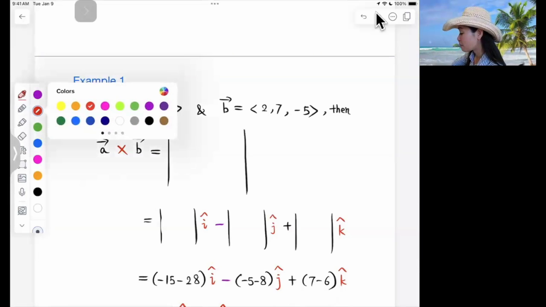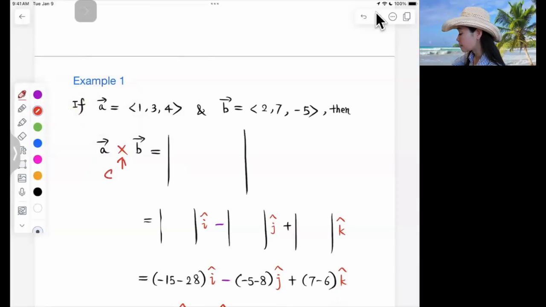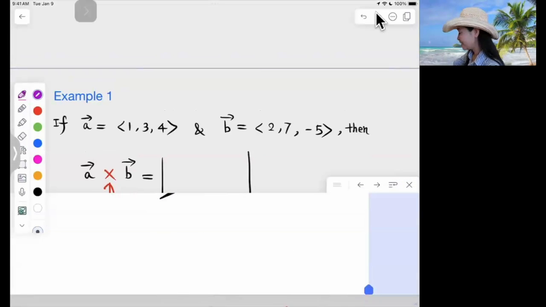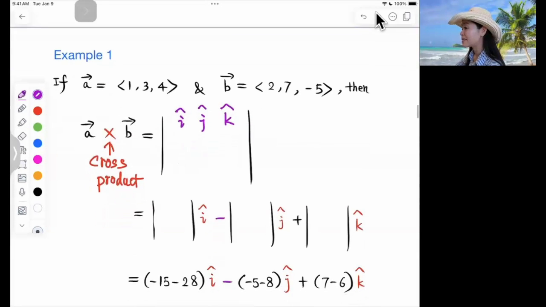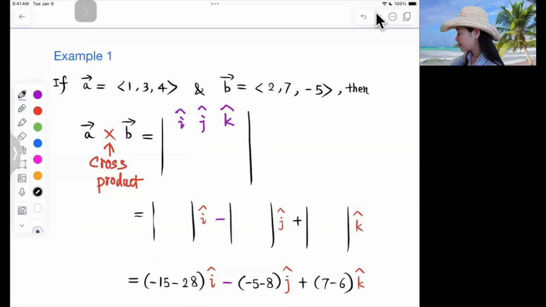Remember, we're talking about cross product. What should I put for the first row? IJK. And then second row, 1, 3, 4.